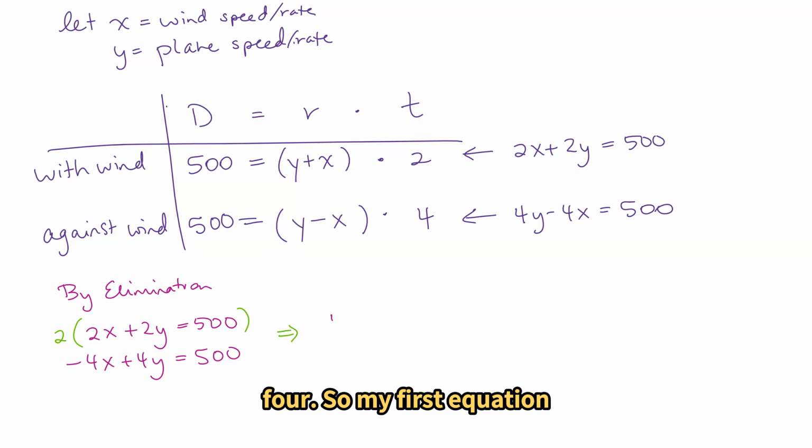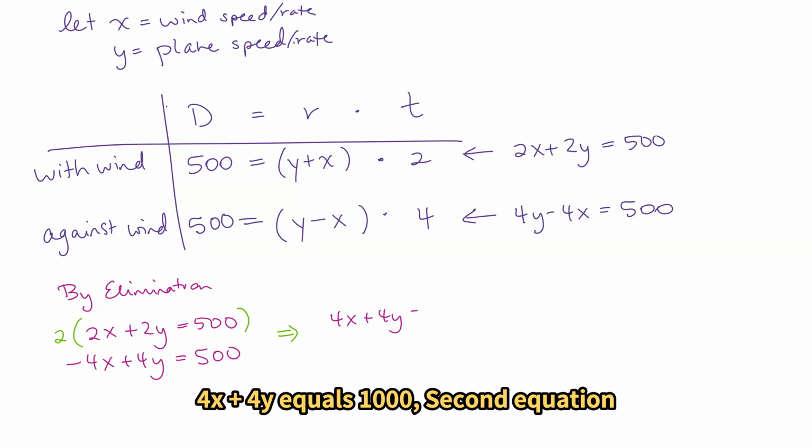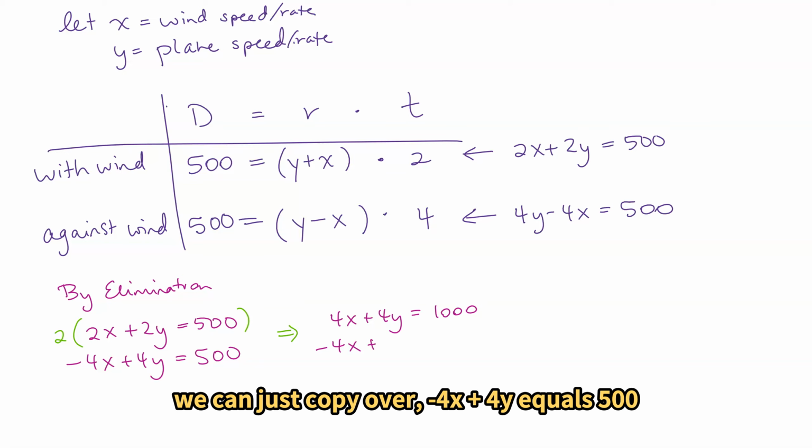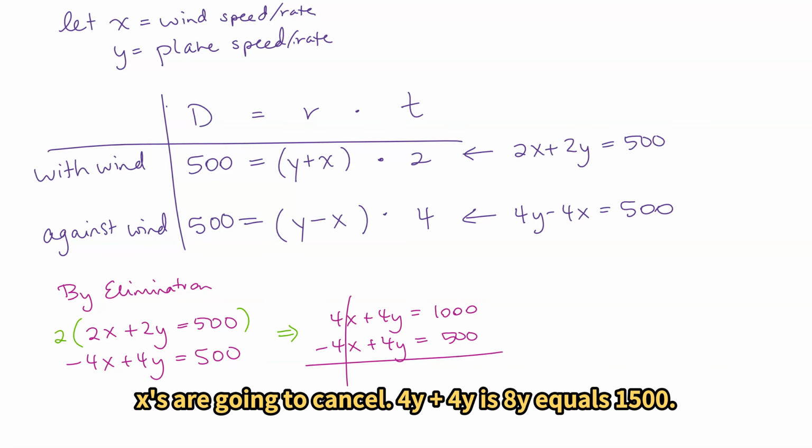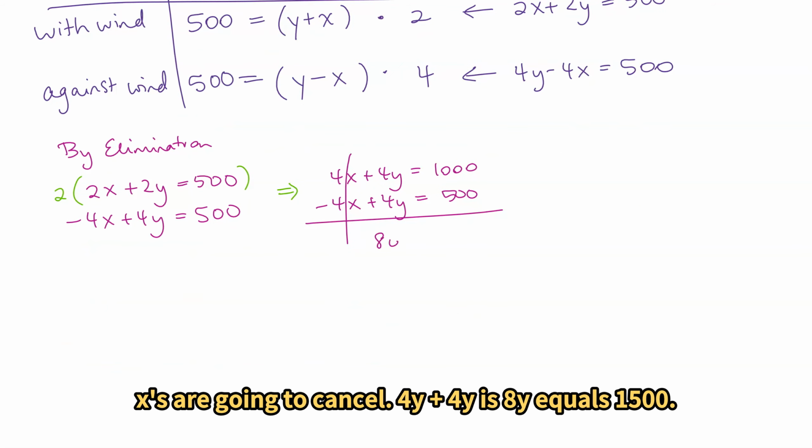So my first equation, 4x plus 4y equals 1,000. Second equation we can just copy over. Negative 4x plus 4y equals 500. The x's are going to cancel. 4y plus 4y is 8y equals 1,500.